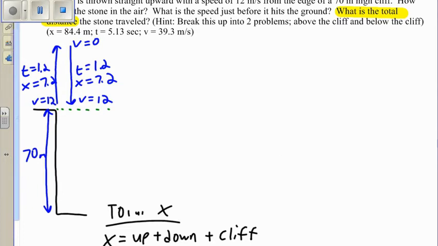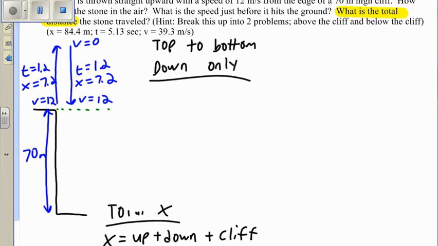So now I want to look at from the top all the way to the bottom. Top to bottom, down only. All right, so I'm looking at this piece right here, from here all the way down. And I always like that top, because that top, my VI will be 0. And that's going to make the math much easier for us.